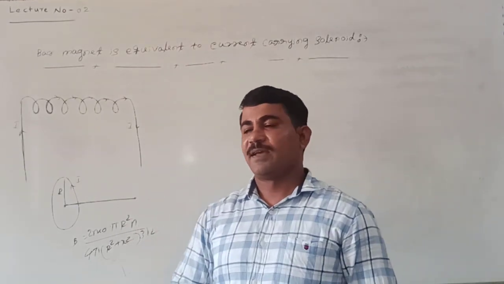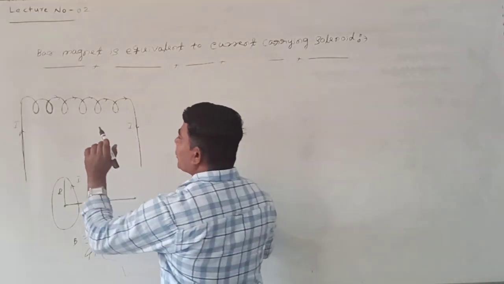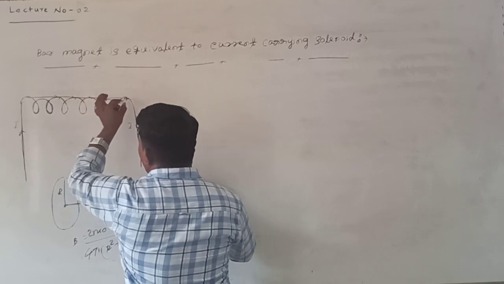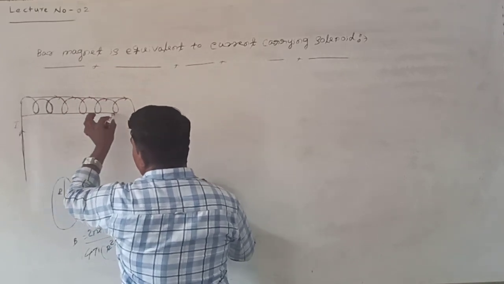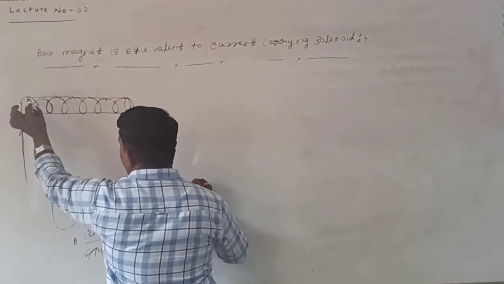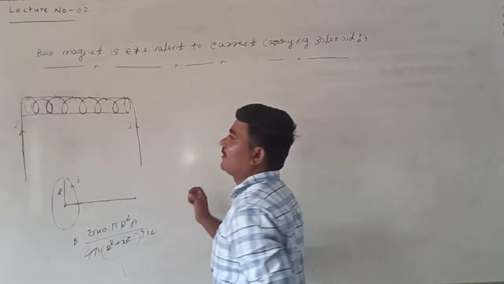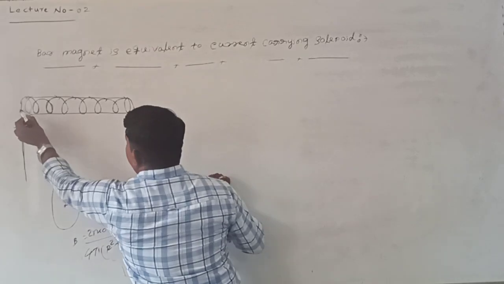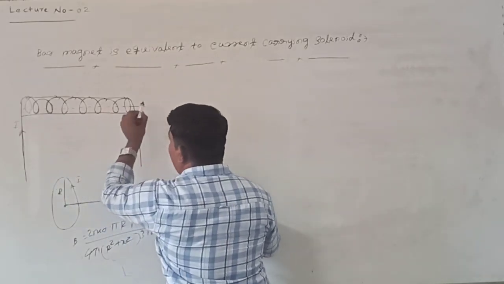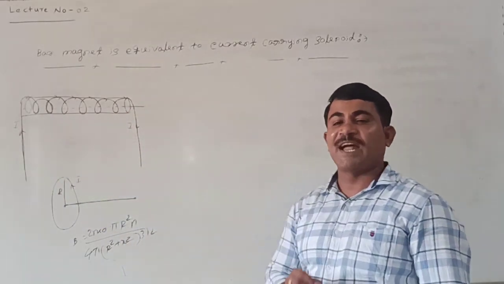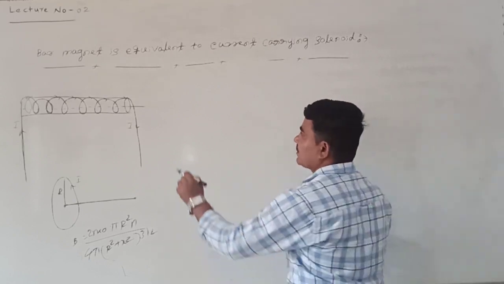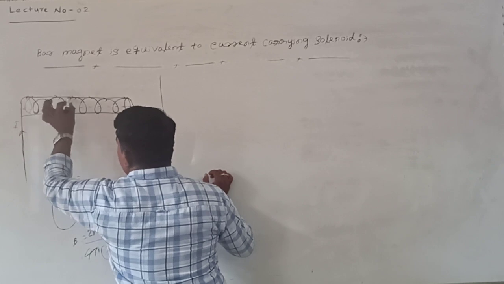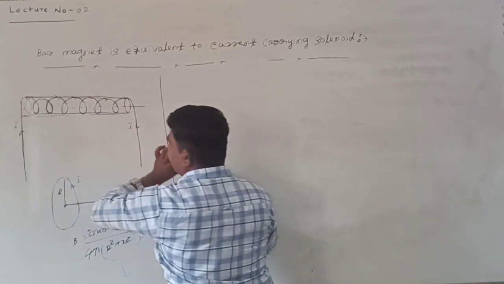Correct or wrong? See here, I can take any cross section of the solenoid. How to take the cross section of the solenoid? I need the cross section of the solenoid to be like this. Shall I take this cross section of the solenoid in this way? Right? Shall I draw it separately? I need the magnetic field along the axis of the current carrying solenoid. That value I need. I will take it separately. It looks like a cylindrical shape.